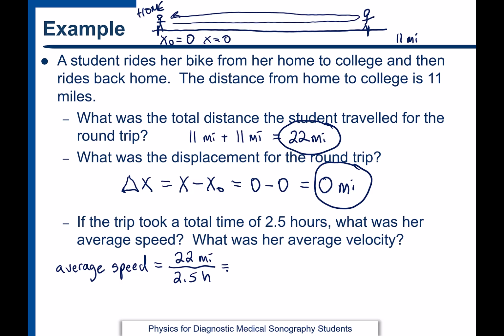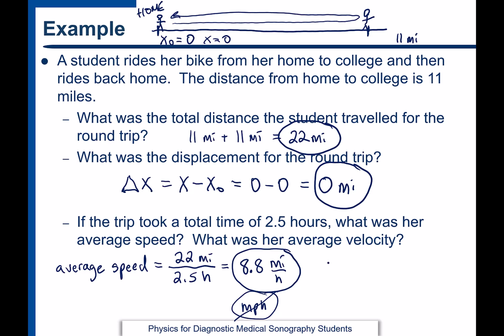And so we just need to do that on our calculator, and what you'll find is that you should get 8.8 miles per hour. And again, remember in physics, we don't use mph for miles per hour because we reserve m for meters. And so we're going to write that as mi over h for miles per hour.